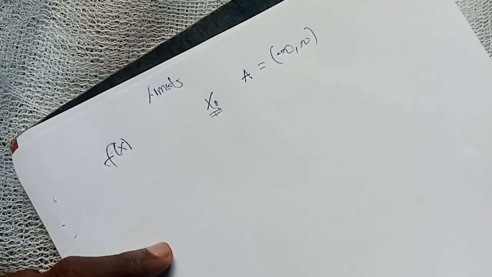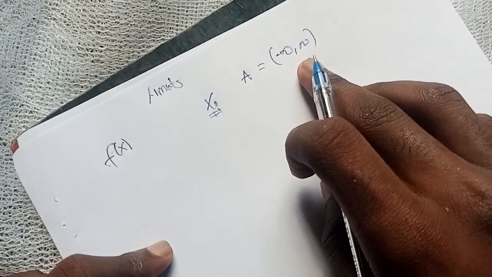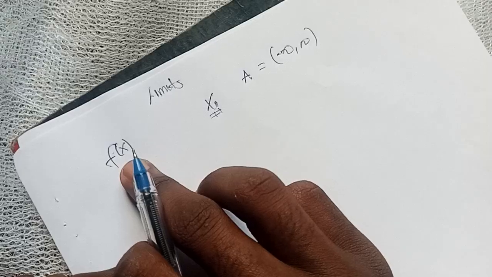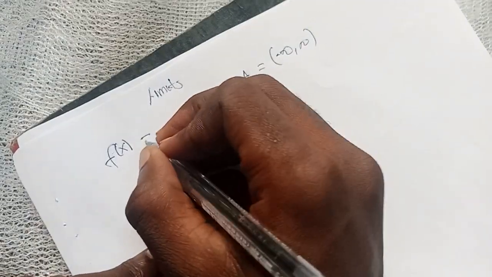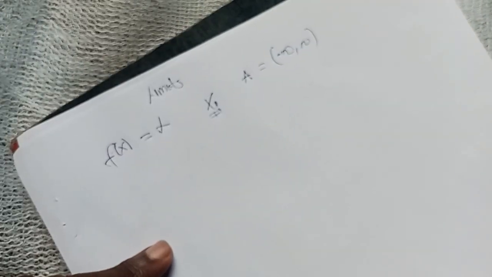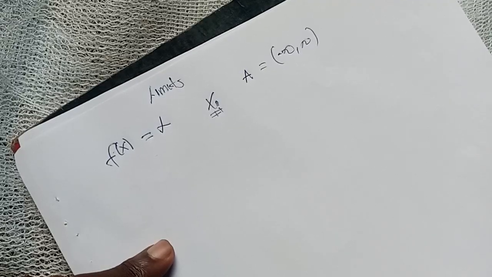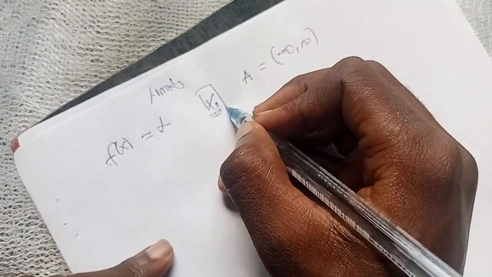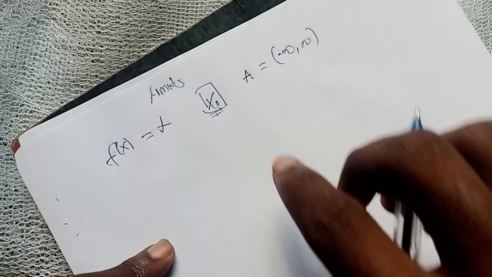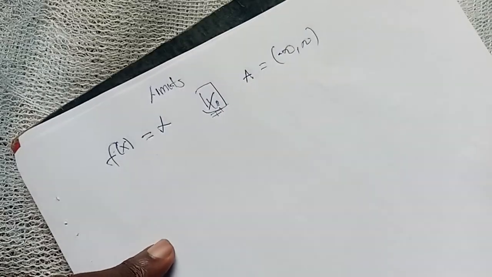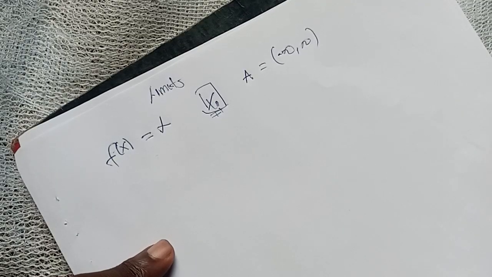So you can pick any value, and then you feed the function f of x to give you the output L, except at that value x naught. At x naught, it can either be defined or not be defined. So this is what we call limits.